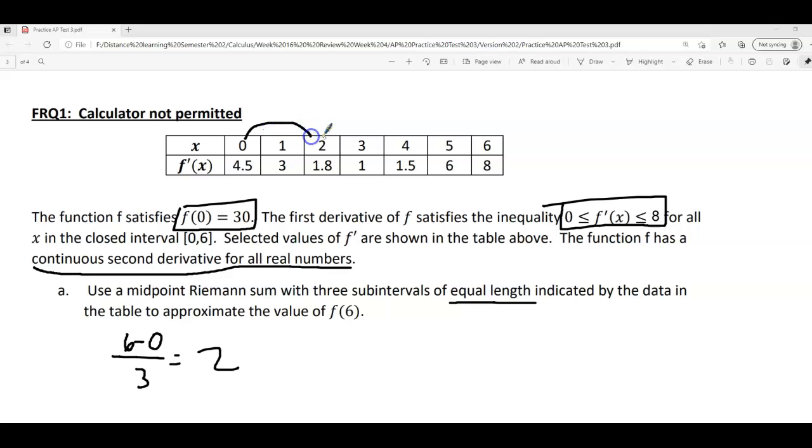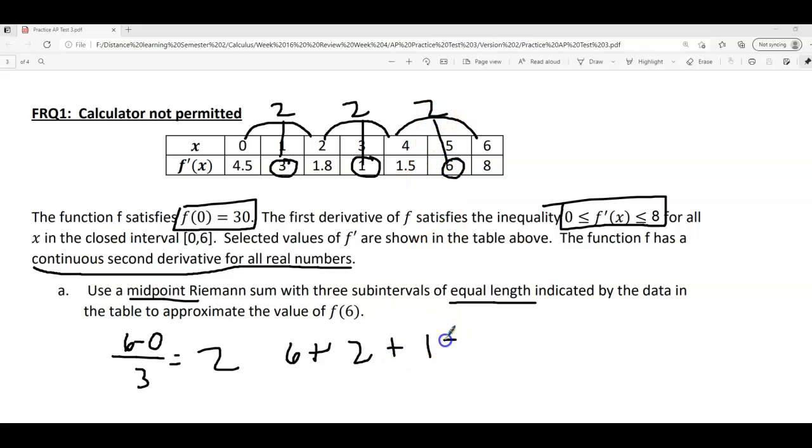So from 0 to 2, and then from 2 to 4, and then from 4 to 6, giving us base lengths of 2. When you do a midpoint sum, you just want to use the middle number between each pair. So it's going to be 2 times 3, which is 6, plus 2 times 1, which is 2, plus 2 times 6, which is 12. And that all together is going to give me 20.